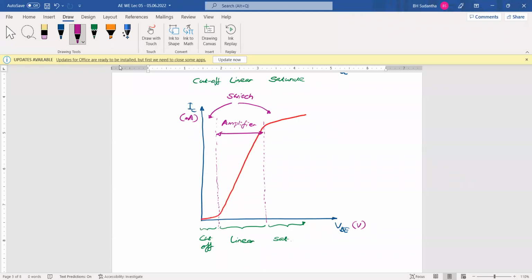This linear region is the active region. In this active region also you can consider the transistor is on, but it's a linear mode. But when you go to the saturation mode, it's fully on.